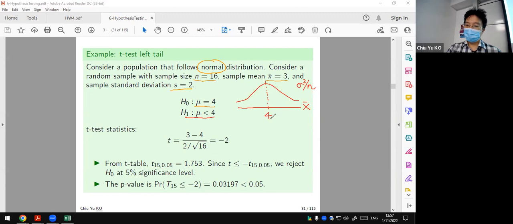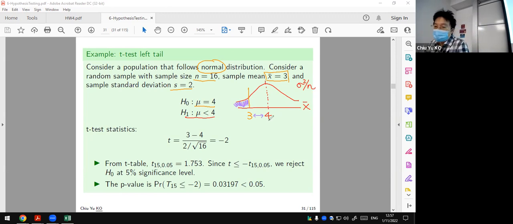So the question is what we have. The data tells us it's 3, so it's here. What we are trying to do is see if this area is so small. If it's small, then it represents this distance is large. So that's the idea.